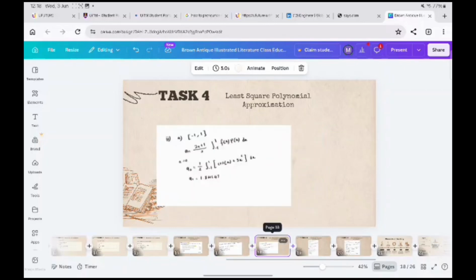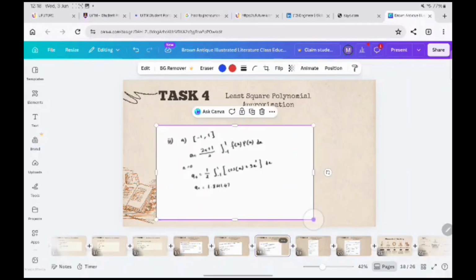Now, for question 3, part A, we find the polynomial on the interval negative 1 to 1. We use the coefficient formula an equals 2n plus 1 over 2, integral from negative 1 to 1 of the function f(x) multiplied by Pn(x) dx.